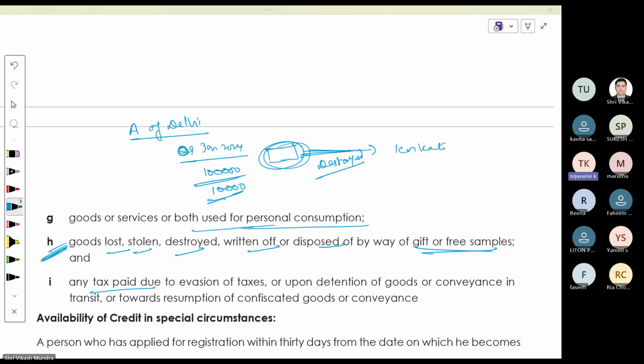Okay. Goods acquired for CSR purpose. Goods which are stolen, destroyed, or distributed as free gifts. And goods used for personal consumption. Barring a few motor vehicles, GST credit is not available on motor vehicles.